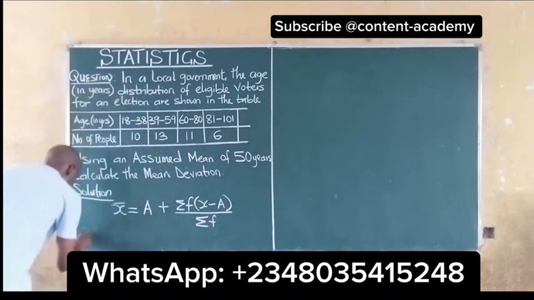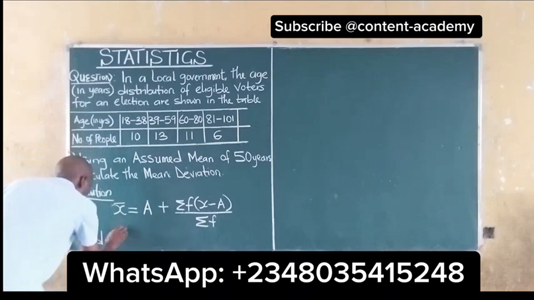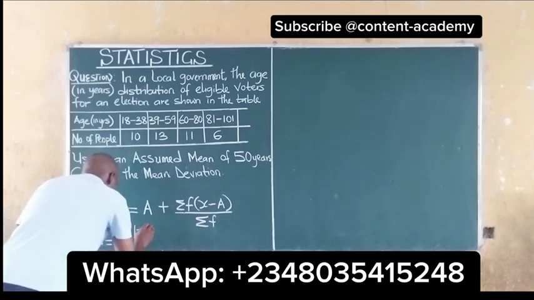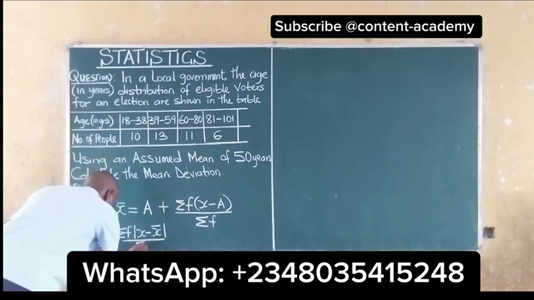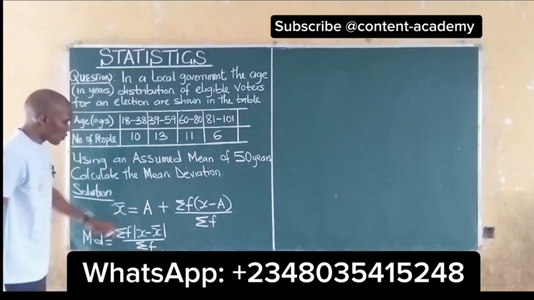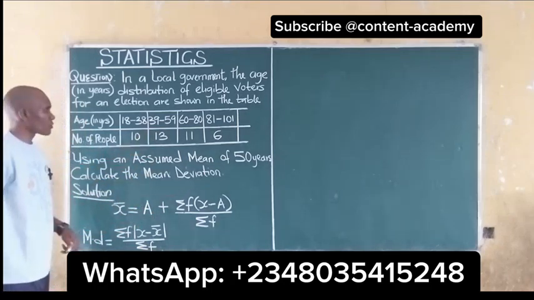And our mean deviation is equal to the summation of f times the absolute value of x minus x bar, all over the summation of f. This is what we use in computing the mean deviation for the given question.